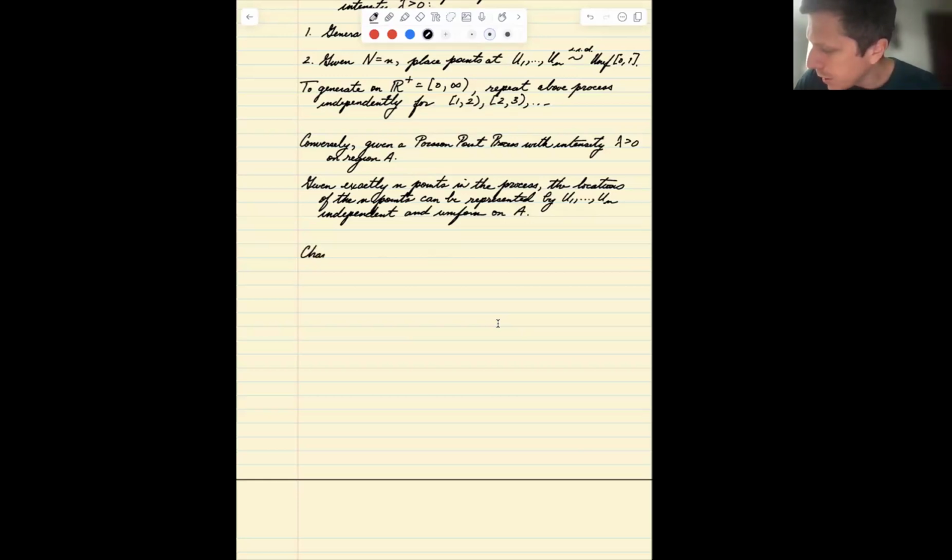Just like we saw in the univariate case, or in the case of a single random variable, there's a change of variables formula. So the change of variables formula we've already seen generalizes to joint distributions.